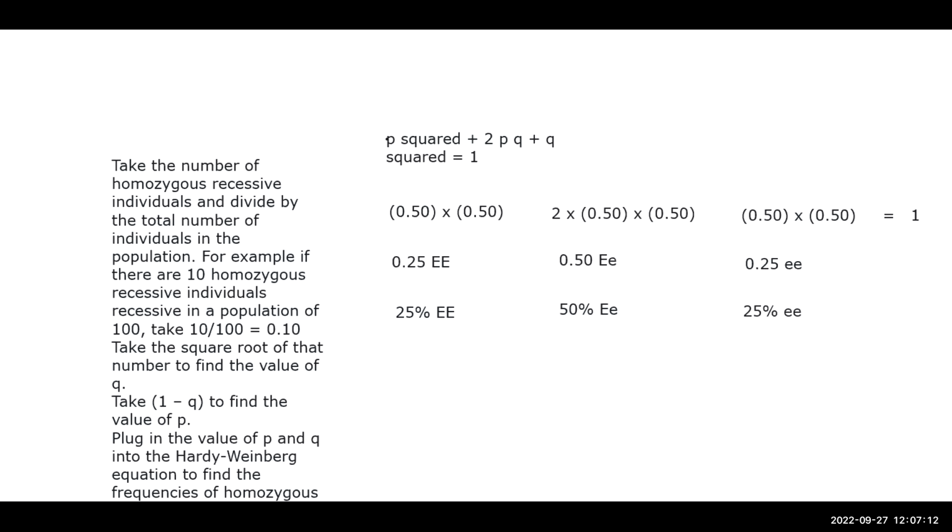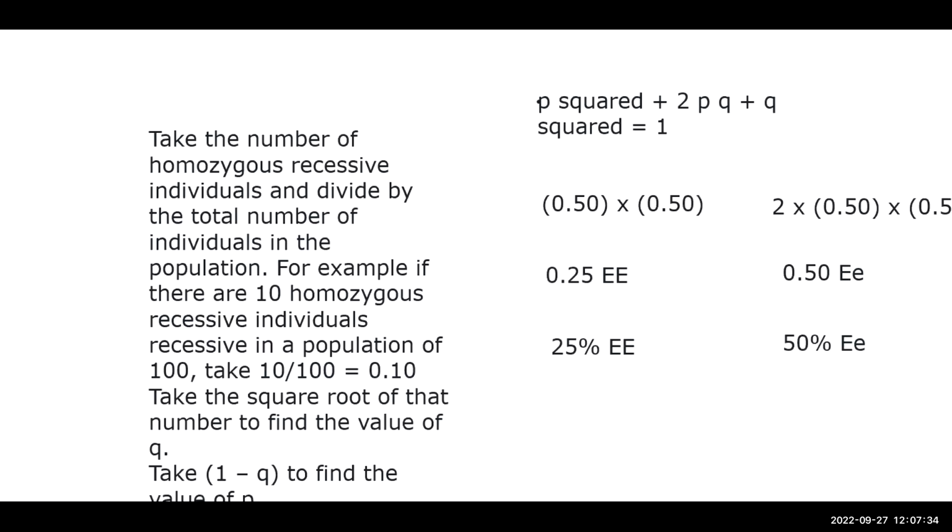So the nice thing about the Hardy-Weinberg equation, you can also add together the frequencies and make sure you get back to 1, and you can add together the percentages and make sure you get back to 100% of the population. So everybody in your calculator, 0.25 plus 0.50 plus 0.25 gets us back to 1.